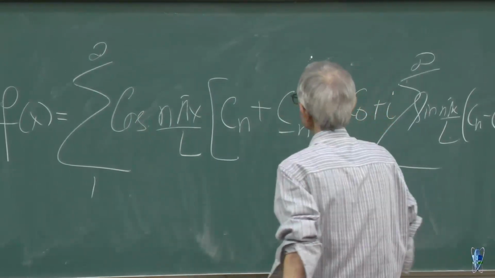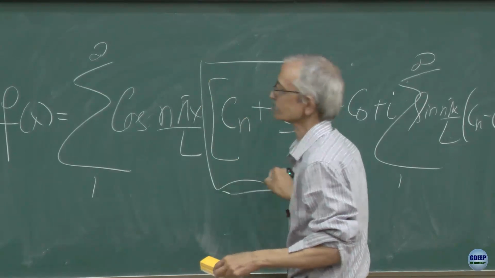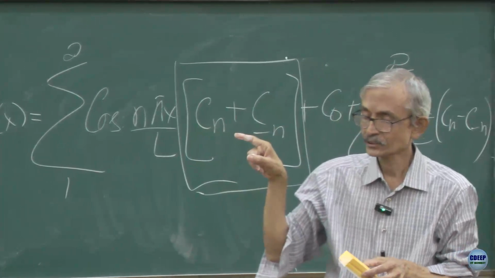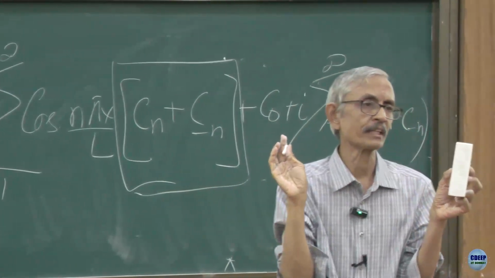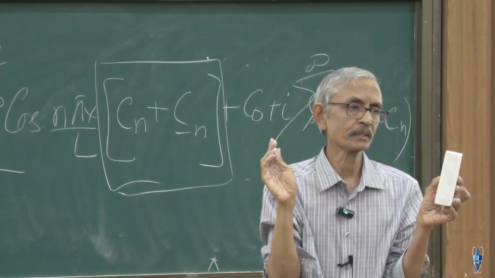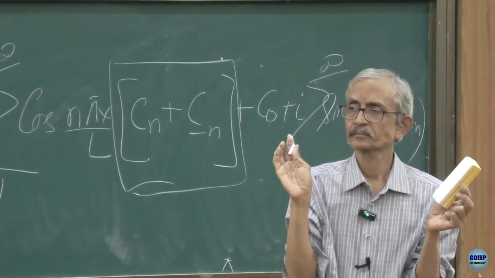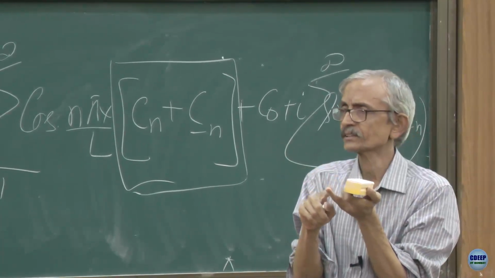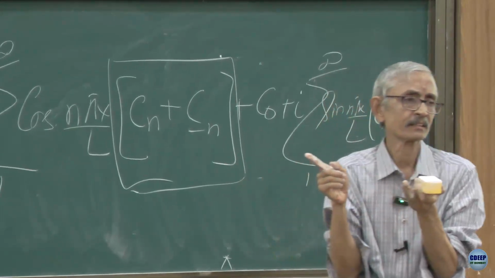Now what can I say about this? The first question is, should this f of x collapse to the sine and cosine series that we had? Should it collapse to the same thing or not? The function f of x is not changing, right? The sines and cosines are there, right?